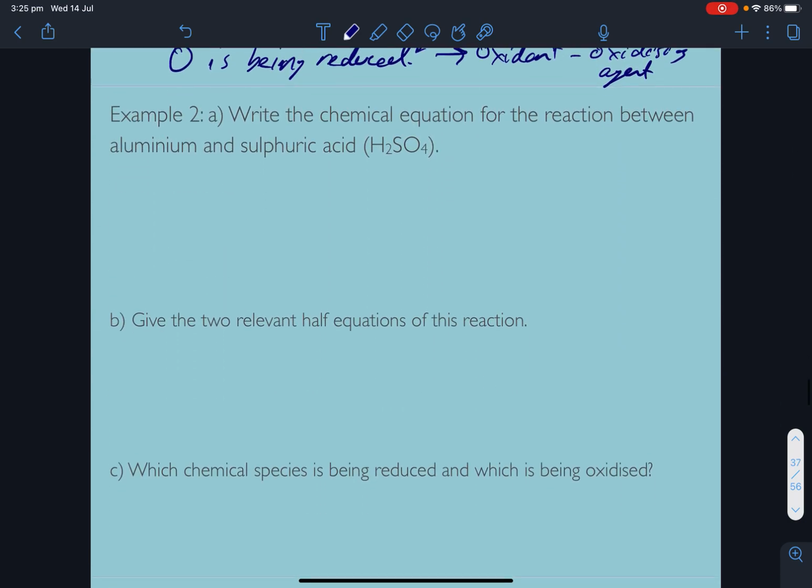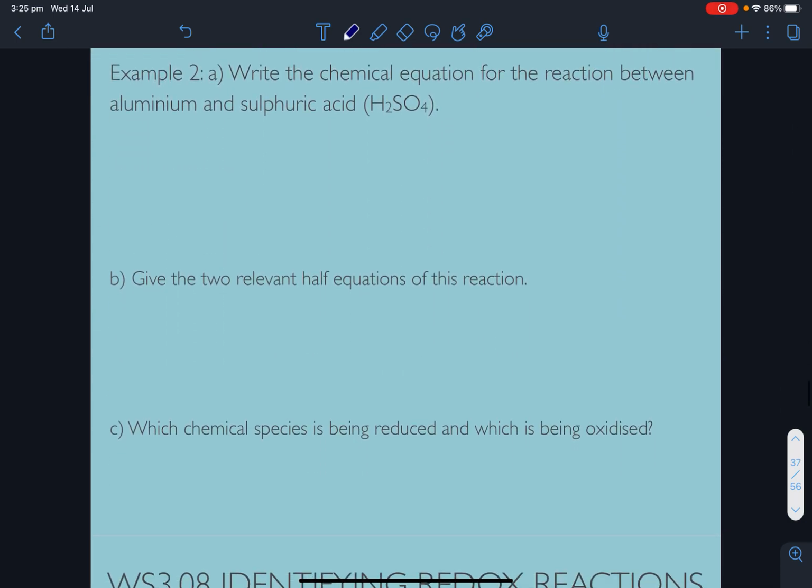Alright, let's look at the next example. Write the chemical equation for the reaction between aluminium and sulfuric acid. Aluminium, H2SO4. We've got an acid and a metal, so we're forming hydrogen gas and the salt. What is the salt? The sulfate of the sulfuric acid that's left over in the aluminium. Aluminium has a charge of 3+ when it's as an ion.